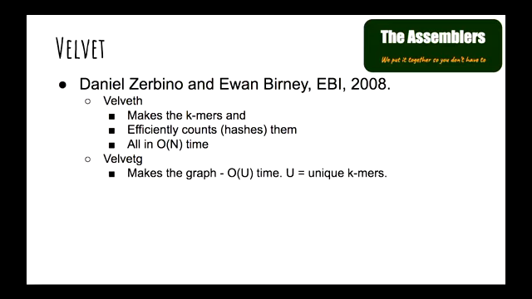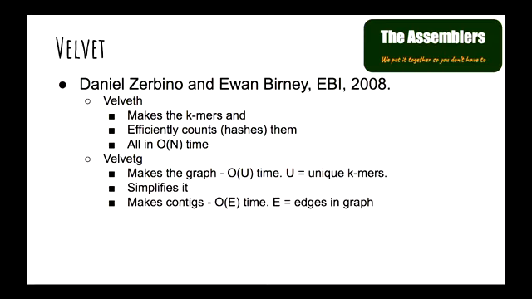So it makes the graph in O(U) time, where U is the number of unique k-mers. It simplifies it. It makes the contigs in O(E) time, where E, remember, is the number of edges in the graph.